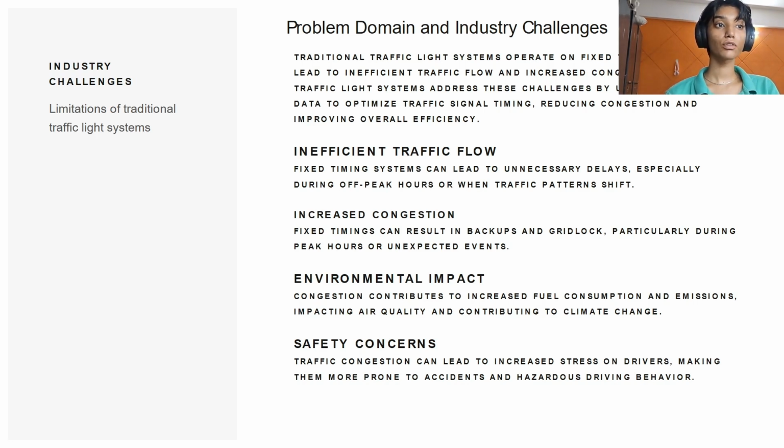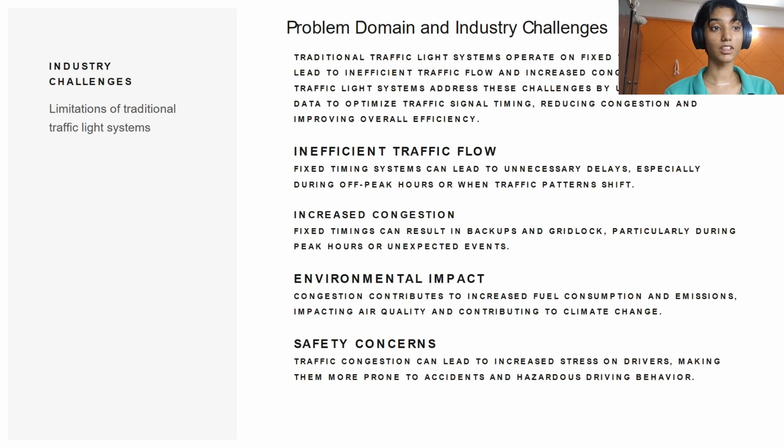Inefficient traffic flow: fixed timing systems can lead to unnecessary delay, especially during off-peak hours or when traffic patterns shift. Increased congestion: fixed timing can result in backup and gridlock, particularly during peak hours or unexpected events. During Sundays, everybody is out to be at a particular place or enjoy with their family.